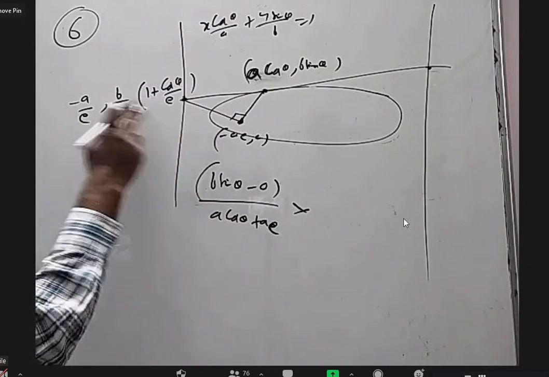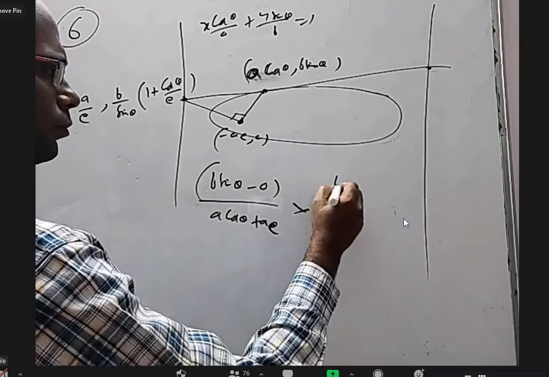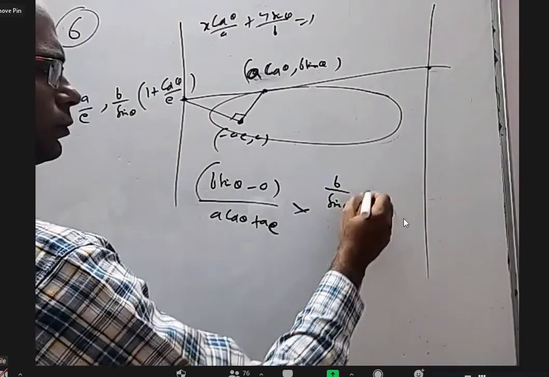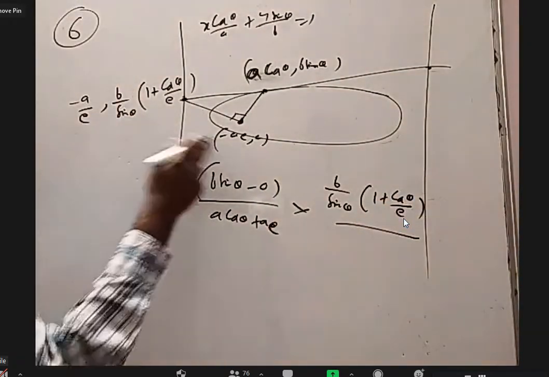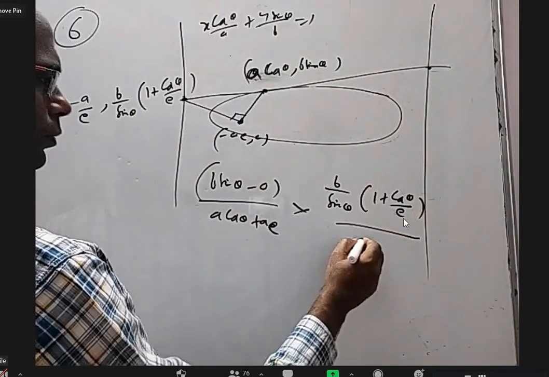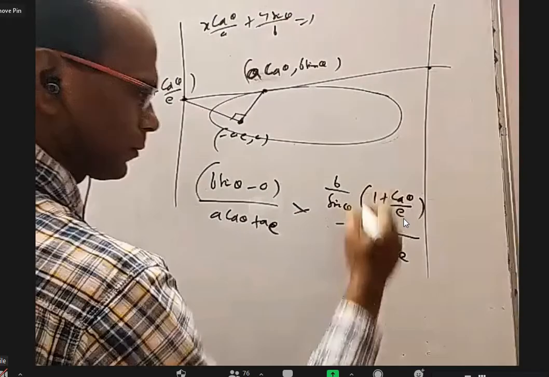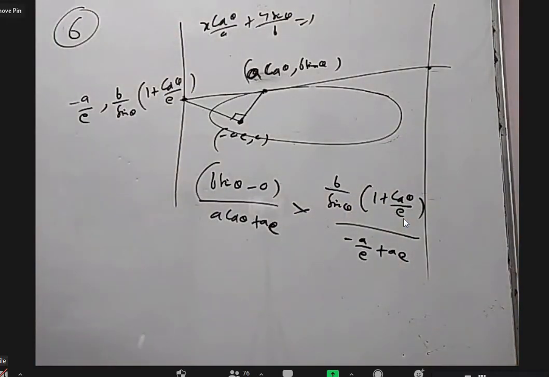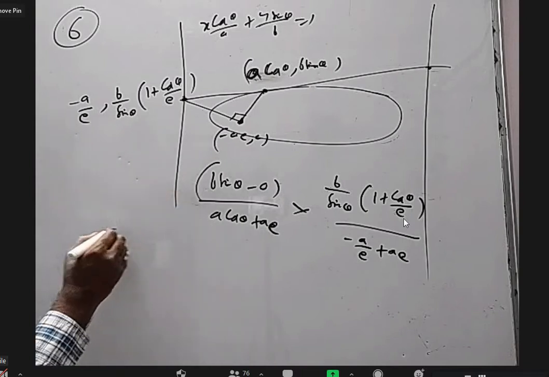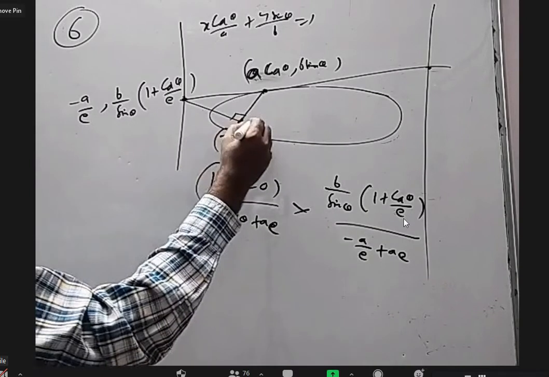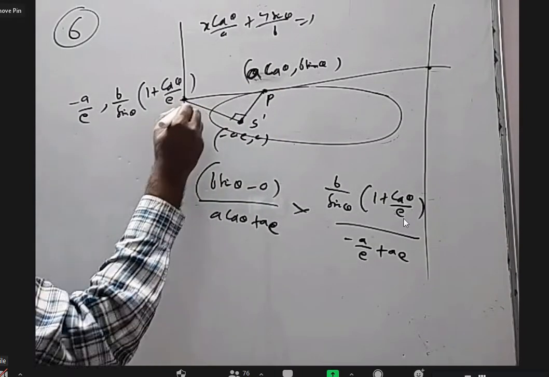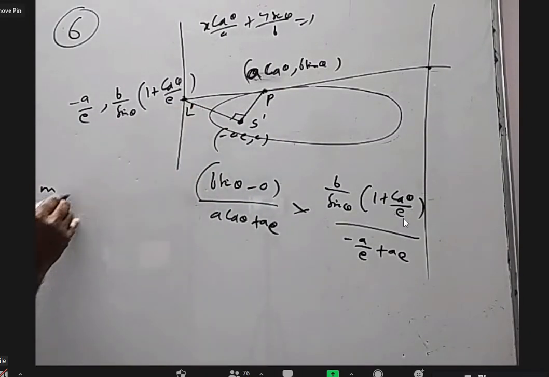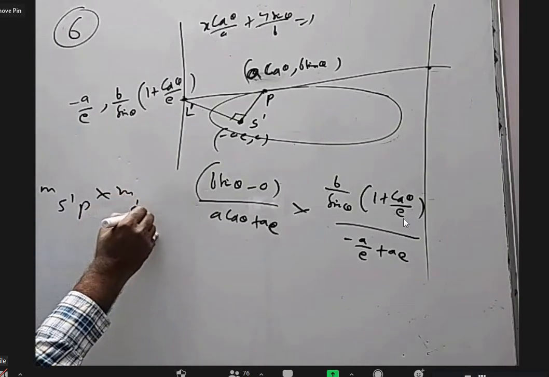And what is this slope? b by sin theta into (1 plus cos theta by e) by (minus a by e plus ae). Okay, if this is S dash and this is P and this is some L dash, slope of S dash P into slope of S dash L dash is this.